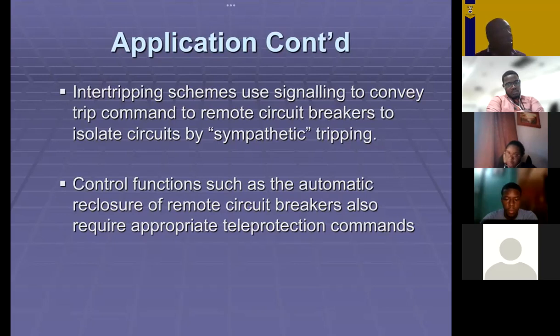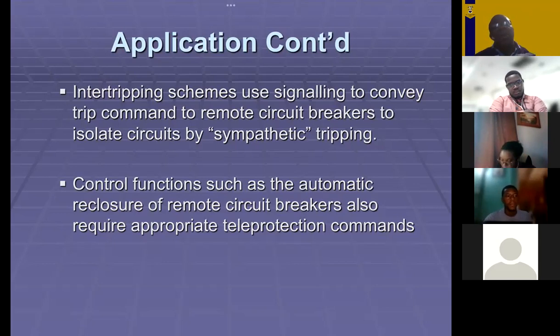So we can't afford to have noise causing a trip. Neither can we afford to have noise suppressing the signal that is sent. So we go back to the simple concept in physics, the constructive and destructive interference.